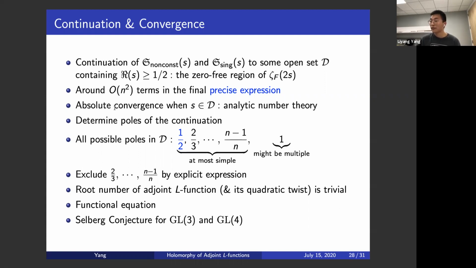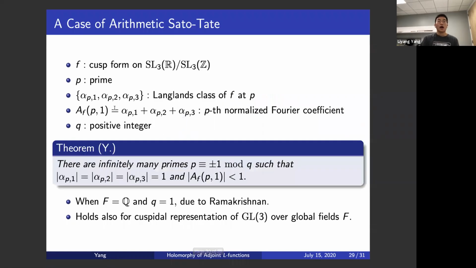And since I still have several minutes, let's talk about some applications of this result. First is a case of the Sato-Tate conjecture on GL3. It's not a big result, but something interesting, I think. So basically, using an idea of Ramakrishnan, we can prove that for any cuspidal representation on GL3 of a number field, you can find infinitely many places in a given ray class such that at these places the local representations are tempered.